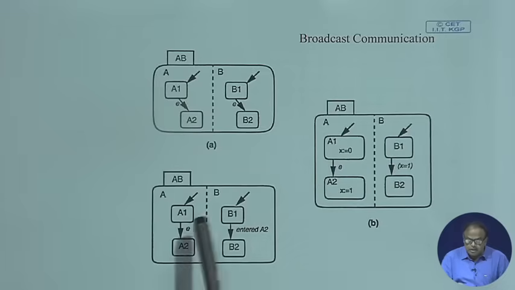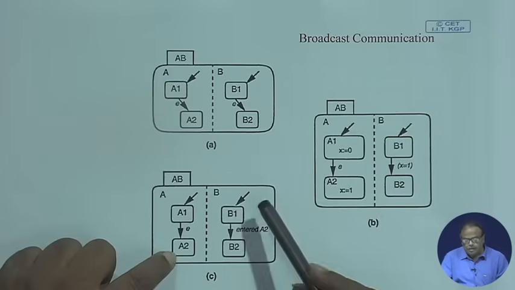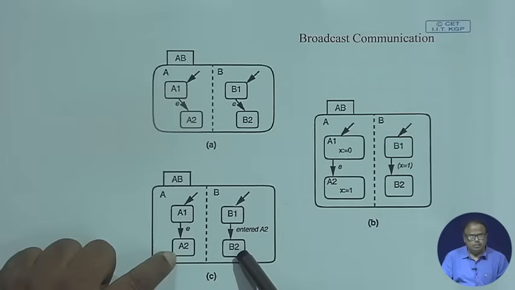Suppose my initial status is A1, B1, then E has taken place. In that step, the status will become A2 B1, and as I entered A2, in the next cycle it will become A2 B2.